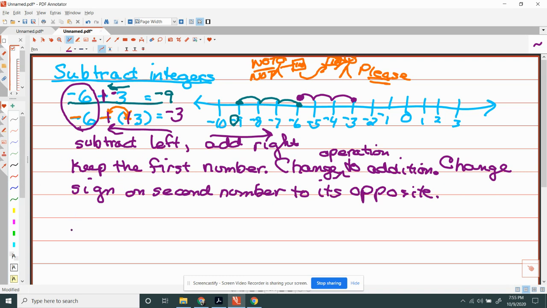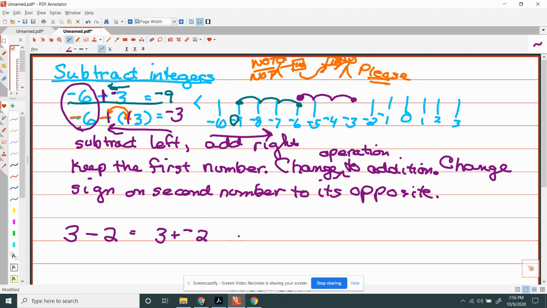So if we have 3 minus 2, that's the same thing as 3 plus a -2. Oops, sorry, I did the wrong side of the number line. I can fix that.